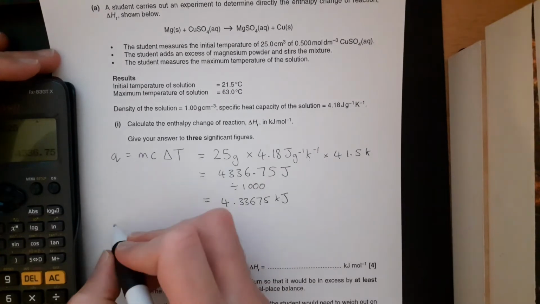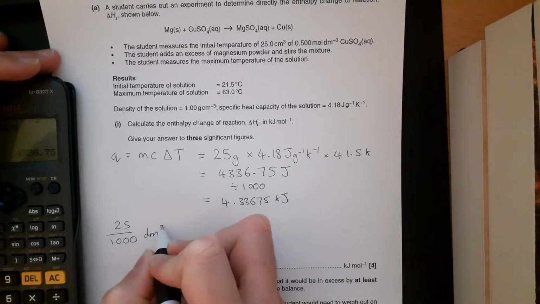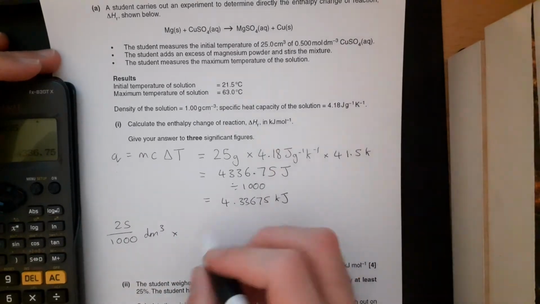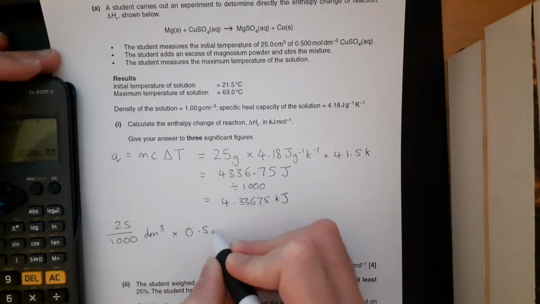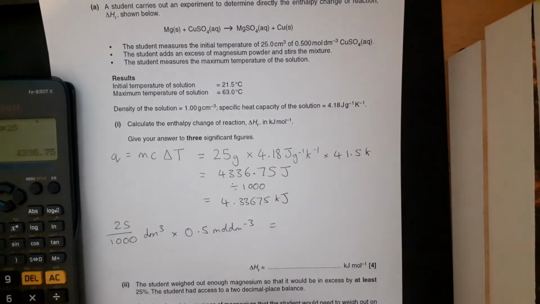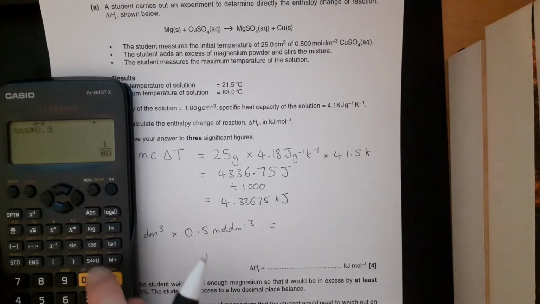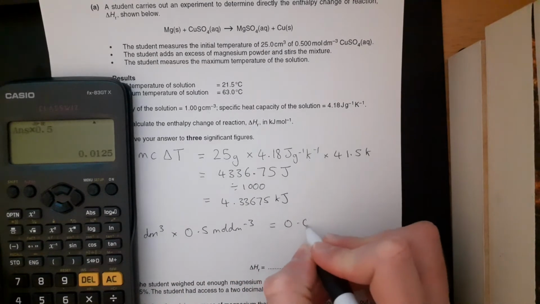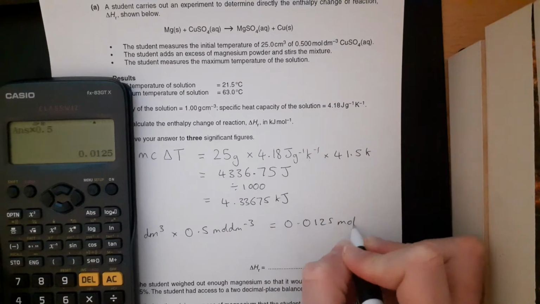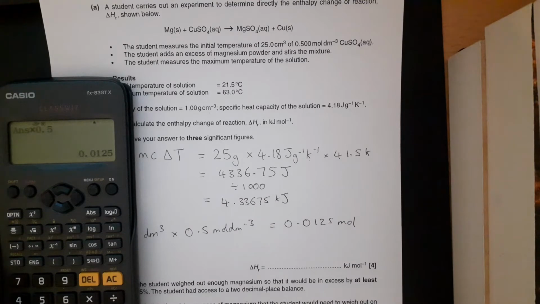So we're going to do 25 centimeters cubed divided by 1,000 to get it into decimeters cubed, and then multiply that by the concentration. So 25 divided by 1,000 times 0.5. 0.0125 moles.